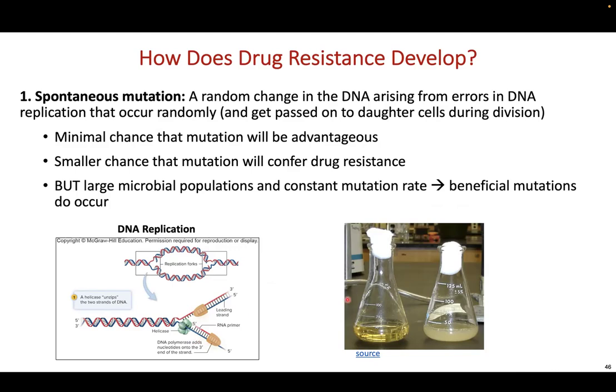One prime example: there's antibiotic in this media, and the original bacteria cultured in here is not resistant to the antibiotic and died. With the same antibiotic, the other bacteria, which have now developed resistance through spontaneous mutation, are able to grow in the media because they have acquired a beneficial mutation.